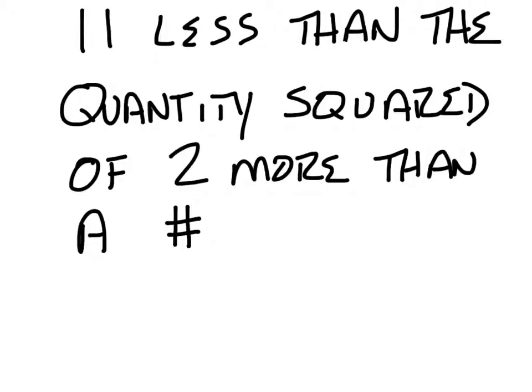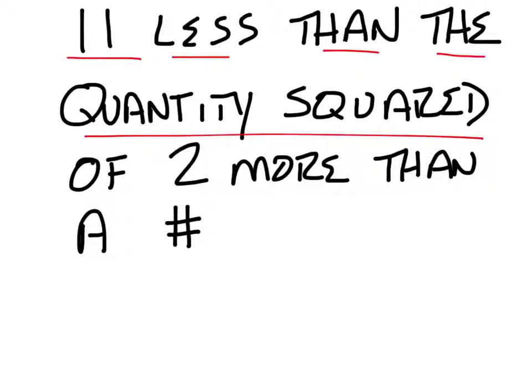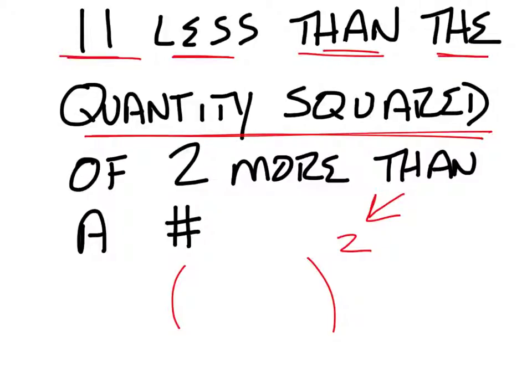For this problem, you have 11 less than the quantity squared. If I have 11 less than the entire quantity squared, then I would have a quantity squared, and the square symbol goes on the right side. Can't put it on the left. If I have 11 less than the quantity squared, that minus 11 must go on the outside.